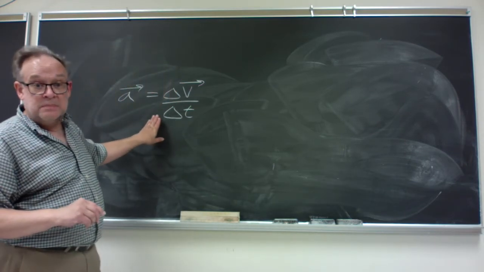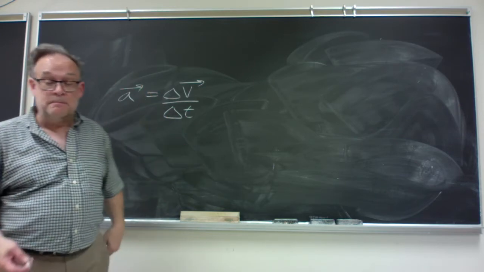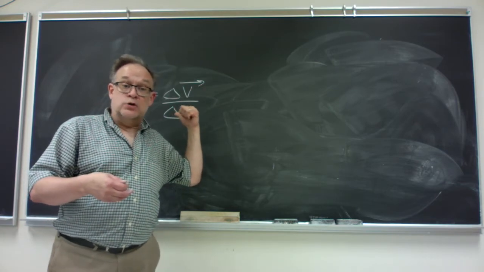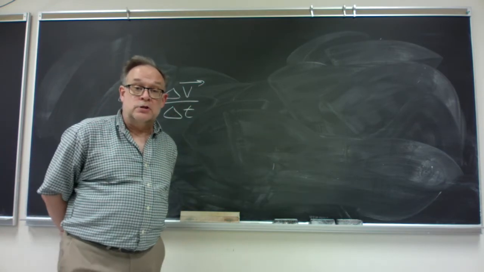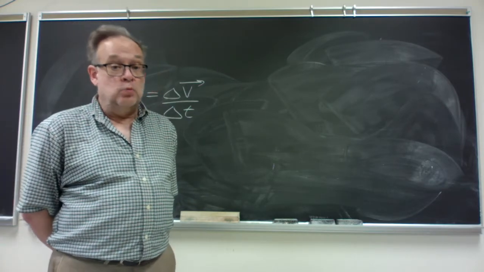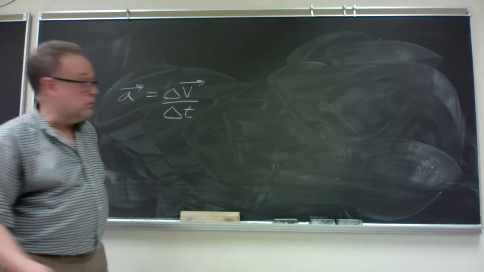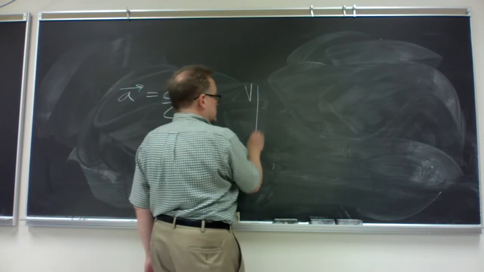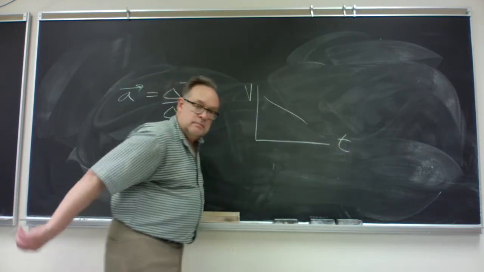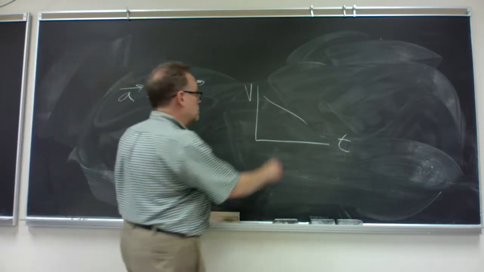And because it's a rate of change just like velocity is, many of the properties of acceleration will be very similar to the properties of velocity. Many of the things we say about velocity we'll be able to say also about acceleration. For example, take a graph of velocity versus time, say like that. That line has a slope, and you know how to calculate the slope.